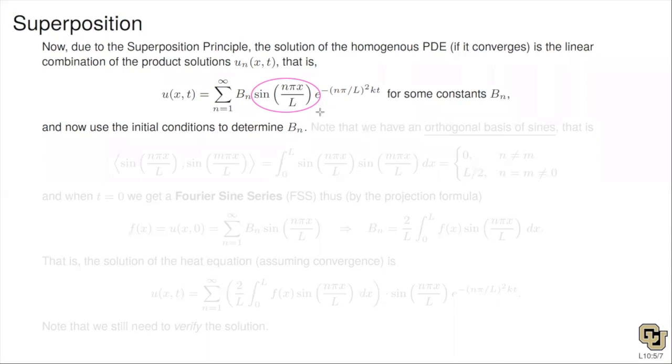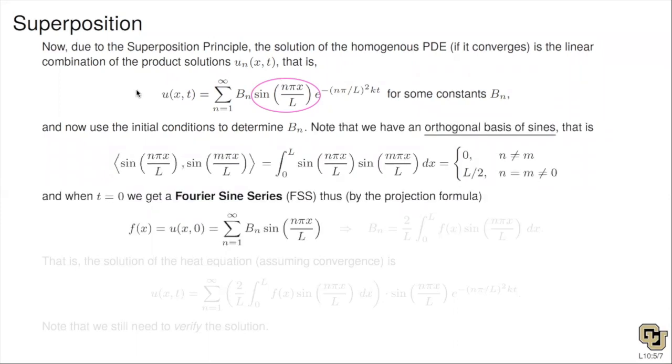So if I have an infinite basis, like the Fourier basis that we started with at the beginning, 1, cosine n pi x over L and sine n pi x over L, any infinite subset will still be an orthogonal basis. So here, if we just look at the sines by themselves, then we'll get what's called an orthogonal basis of sines.